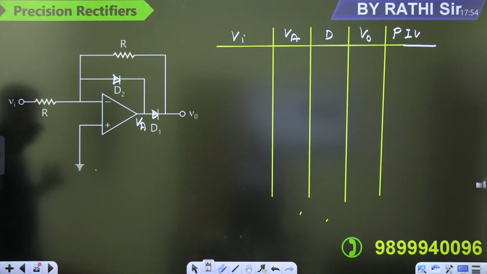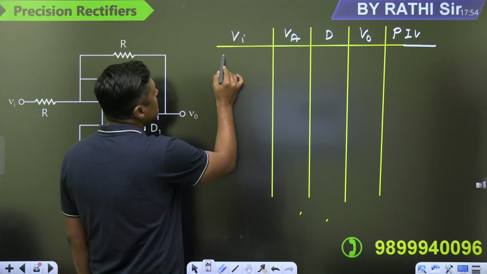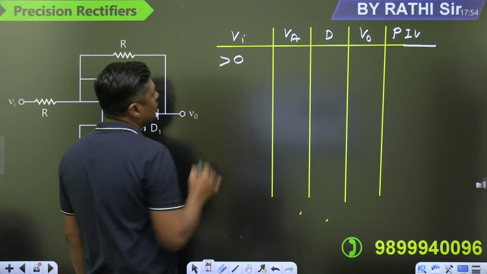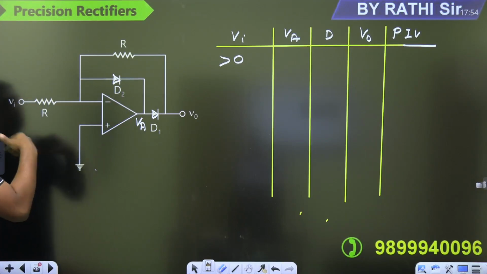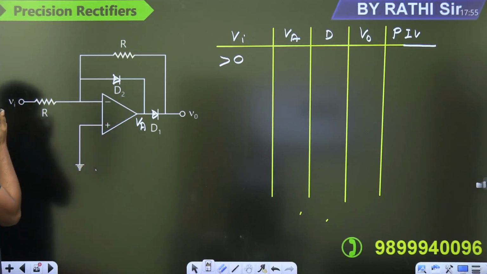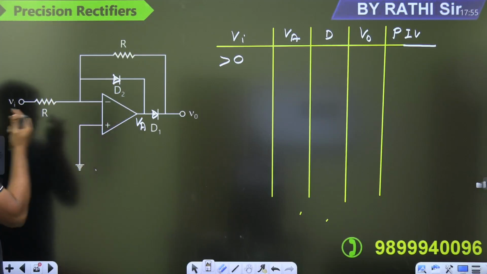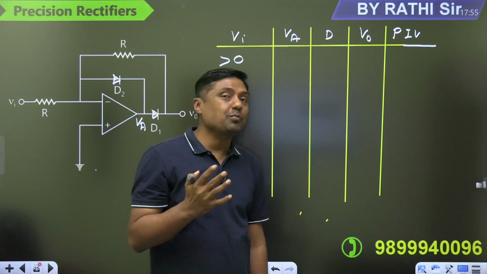First case: when VI is greater than 0, a positive value. When VI is positive, because of the 180-degree phase shift, that voltage will become negative. Initially both the diodes are off. Why are both the diodes off?